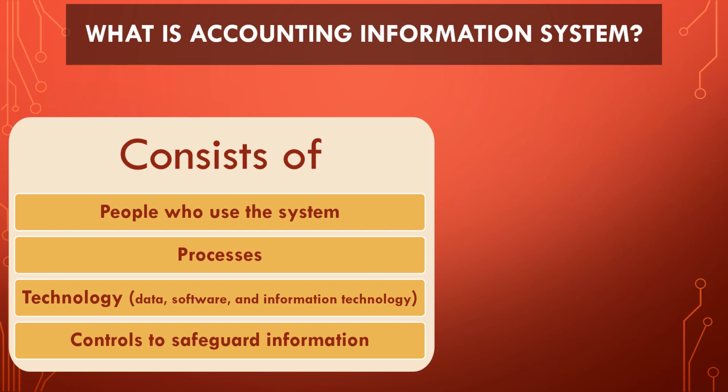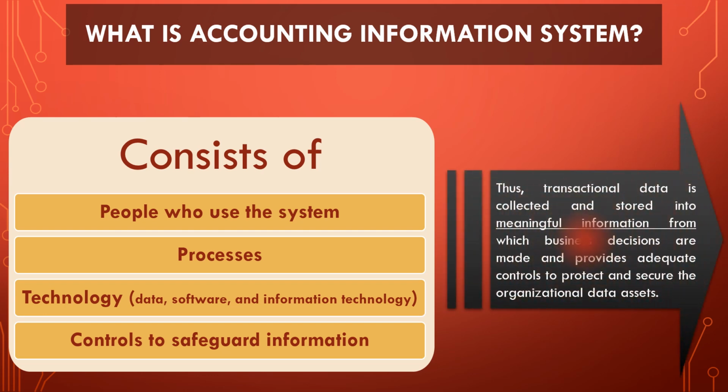Transactional data is collected and stored in a meaningful information form, from which business decisions are made, and adequate controls protect and secure the organizational data assets, as we said just now.